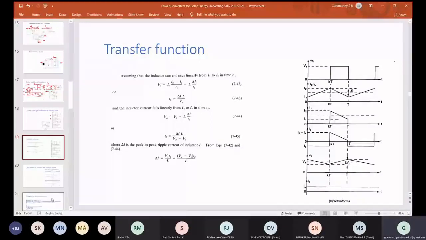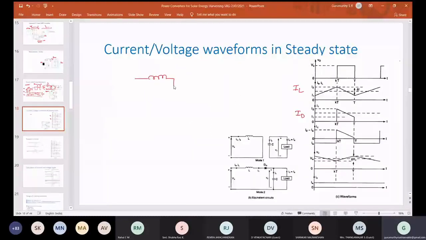Now when the current is flowing in the inductor, when the switch is closed, this is the voltage which is applied, that is Vs. When the switch is closed, if you write the equation, Vs equals L into di by dt, where L is the inductance and i is the current.